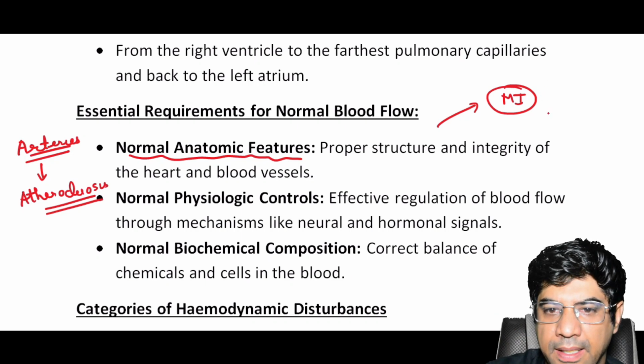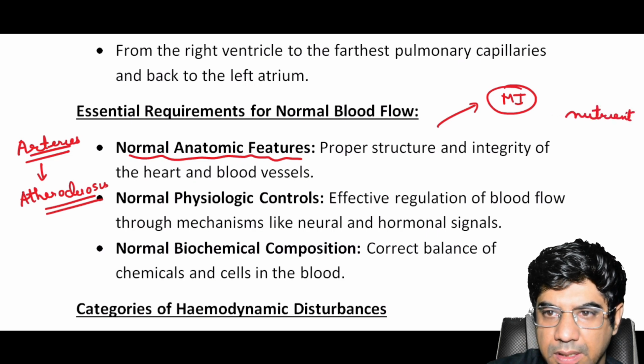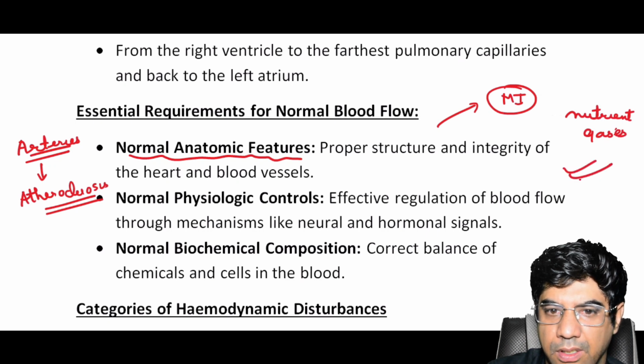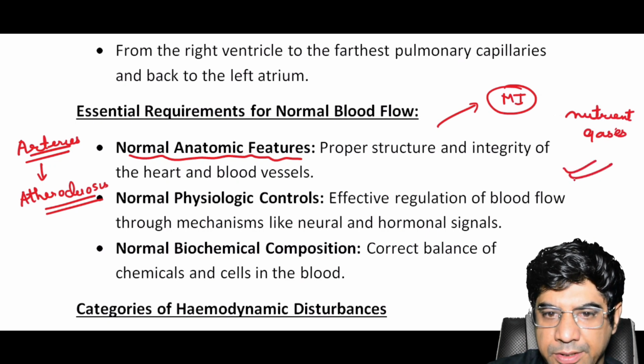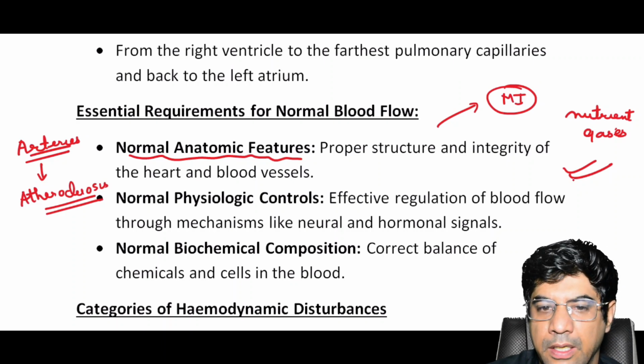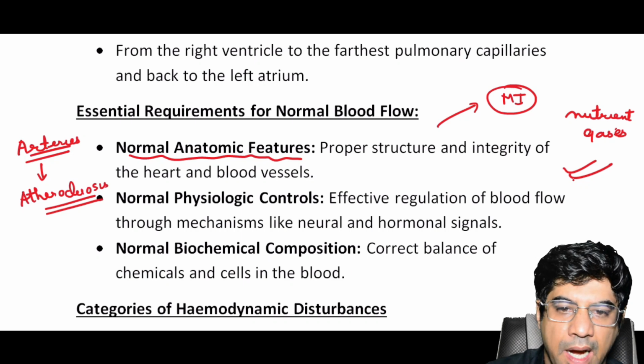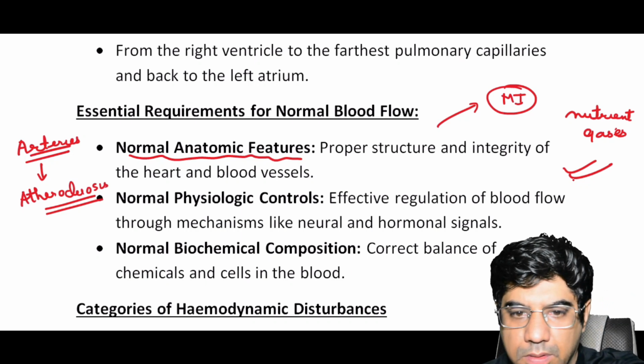Apart from that, capillaries must have intact walls to facilitate exchange of nutrients, gases, and waste products between the blood and tissues. The veins are capable of efficiently returning blood to the heart. That includes having functional valves to prevent backflow and maintaining adequate venous tone.